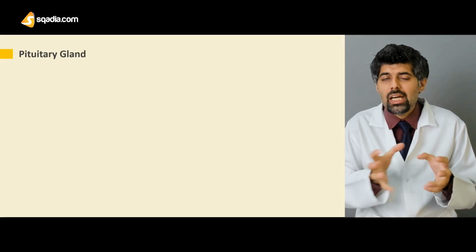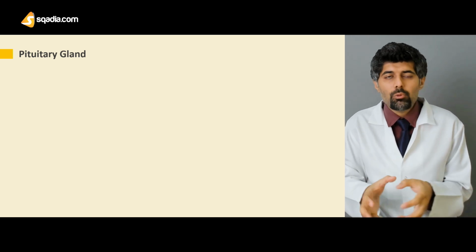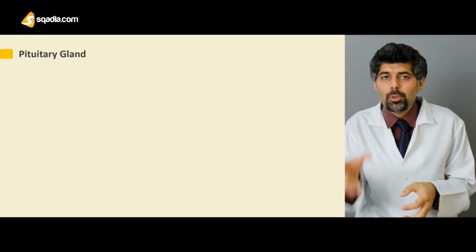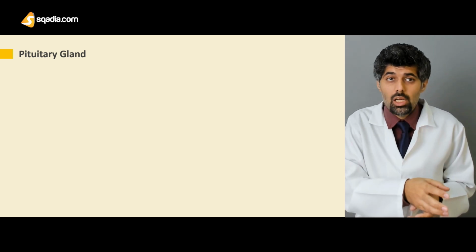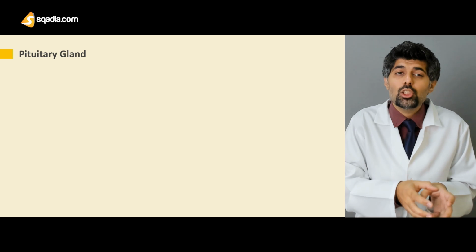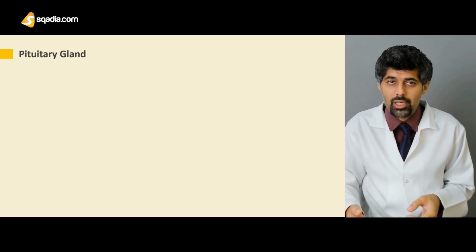Now, this was the anatomy of the pituitary gland. You have to remember the anatomy of the pituitary gland in order to understand its function. And when you understand the function, you will understand the physiology of the pituitary gland.